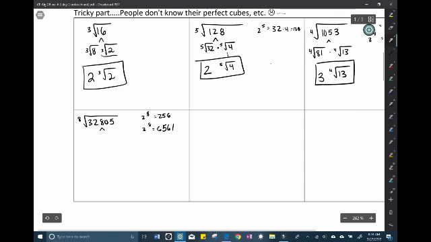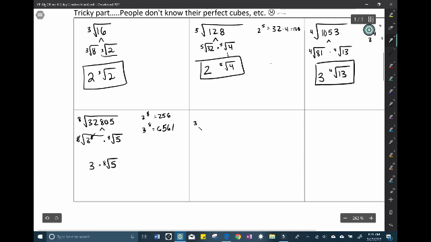It does come out that 3 to the 8th would work. So if you take the 8th root of 3 to the 8th, and we multiply that by the 8th root of 5, again 3 to the 8th is 6561. You end up with 3 times the 8th root of 5.